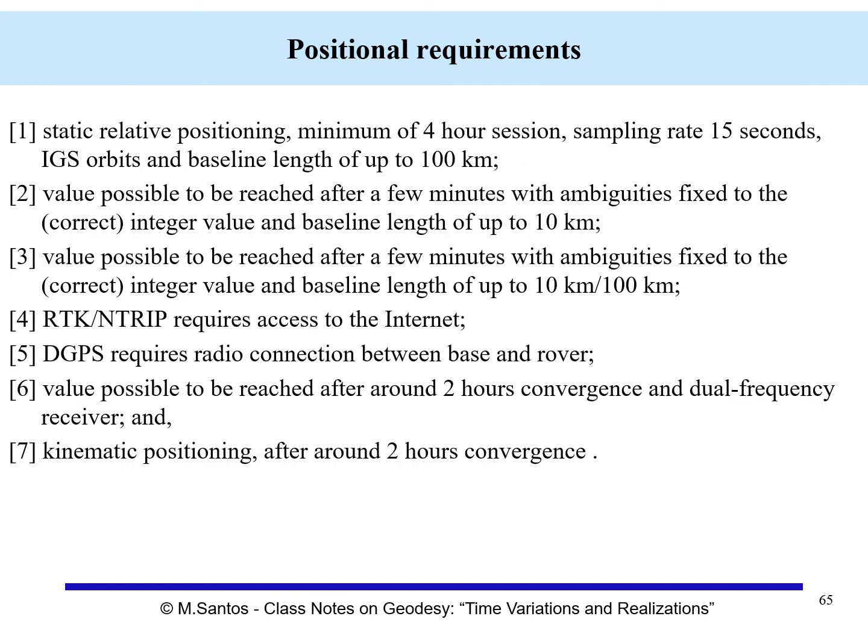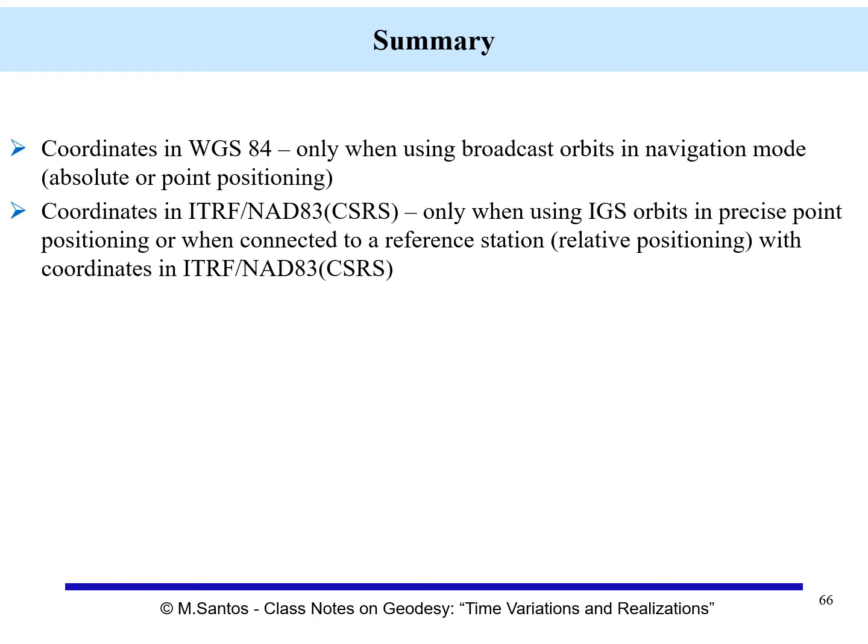So these are comments about the previous slide. I will leave them here. You can pause and read. And in summary, coordinates in WGS84, the frame themselves, the frame is defined by the broadcast orbits, and so the frame will be WGS84.